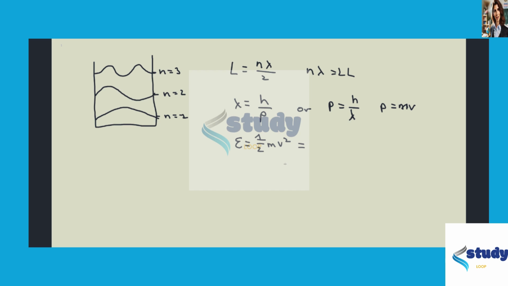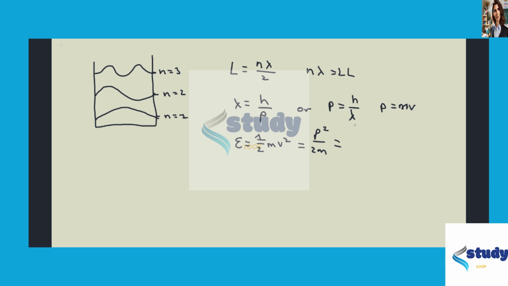So let's say energy is equal to p squared over 2m, because if you plug in m squared v squared divided by 2m, you get energy. Now we can plug in what we know about the de Broglie wavelength and the momentum.